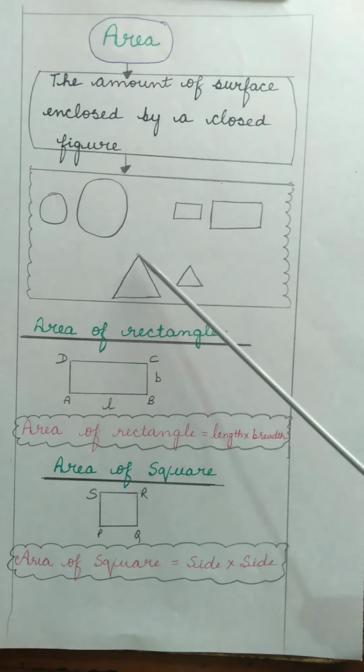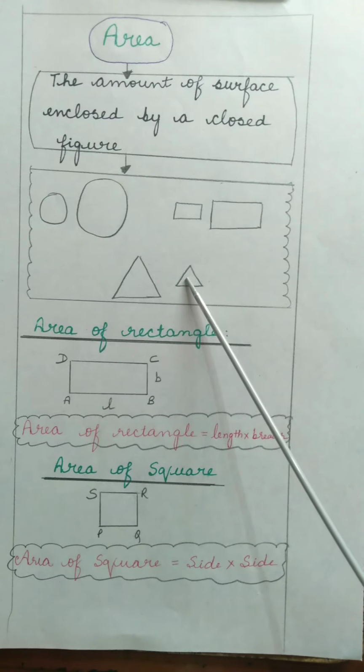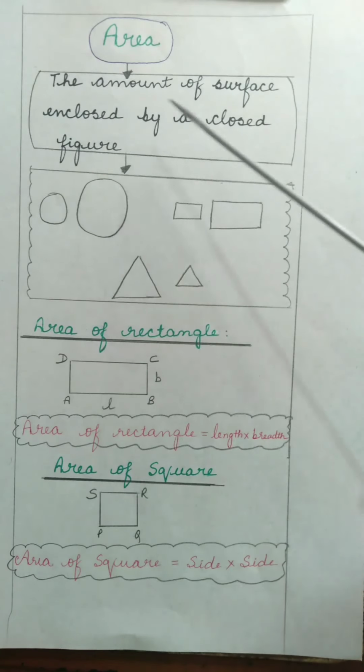The bigger triangle occupies a larger area and the smaller triangle occupies a smaller area. Therefore, we can conclude that area is the amount of surface enclosed by the closed figure. Again, we have to study the area concept for rectangle and square.